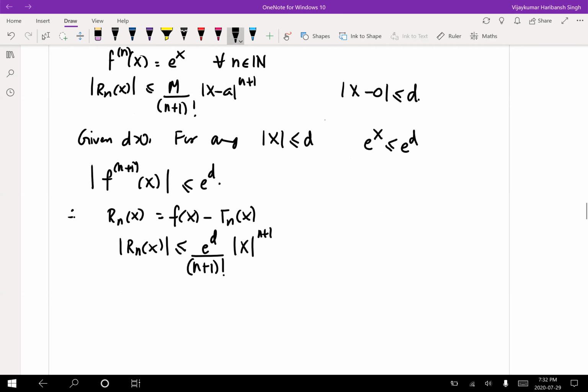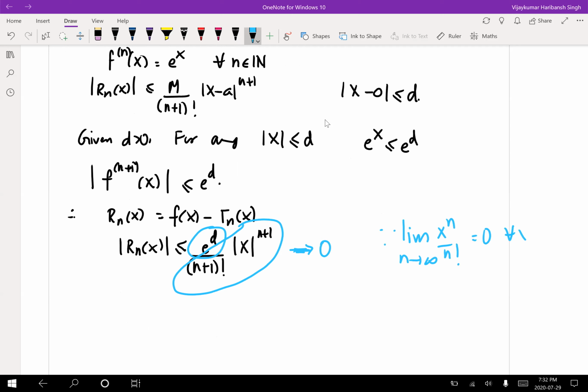And now notice that e to the d is a fixed number, and this goes to 0. Why? Since the limit as n goes to infinity of x to the n upon n factorial is 0 for all x.